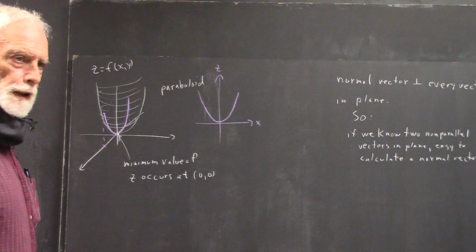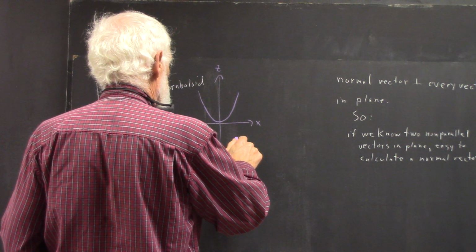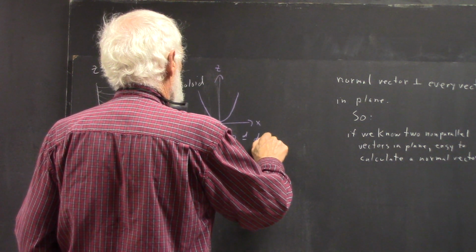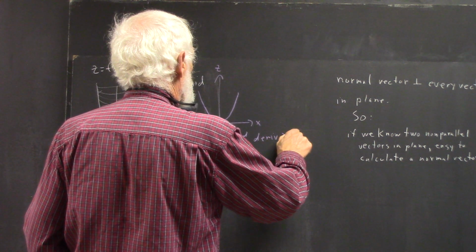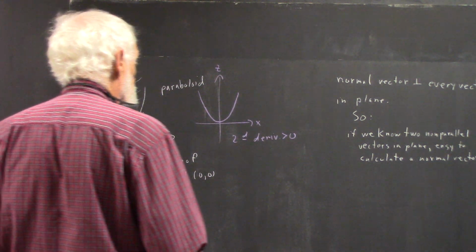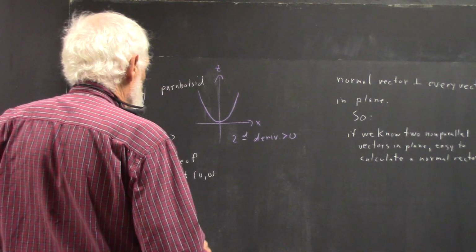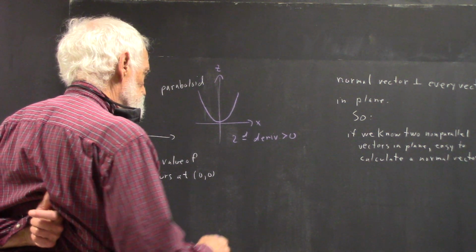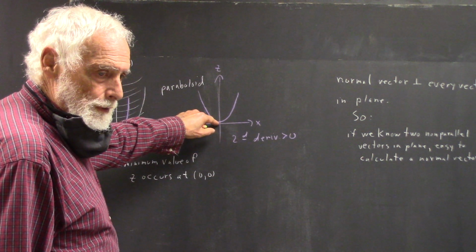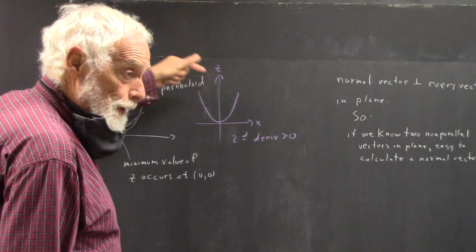And from first year calculus, we understand that second derivative is greater than 0, meaning that the derivative is increasing, and that's the most essential test to see if the function is concave up or down.